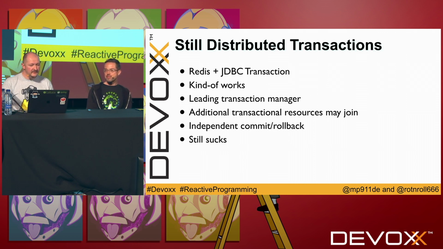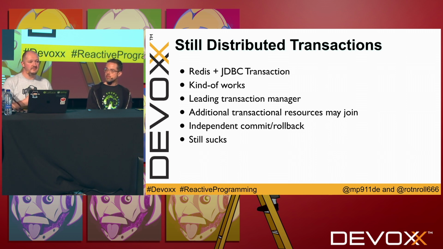Now, you can still do things like distributed transactions, kind of, in an arrangement like in Spring Framework, where you use Redis and JDBC together. Redis, well, it can do transactions. It's not the most fun thing to do, but still, you can. And if you do so, then what happens is you have one leading transaction manager.